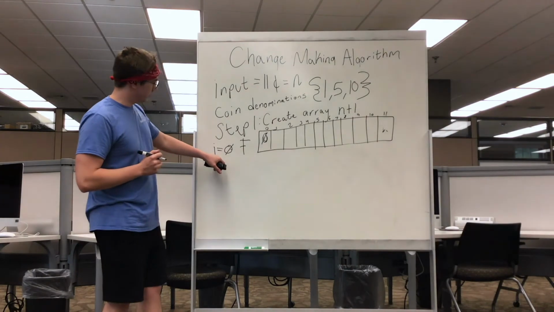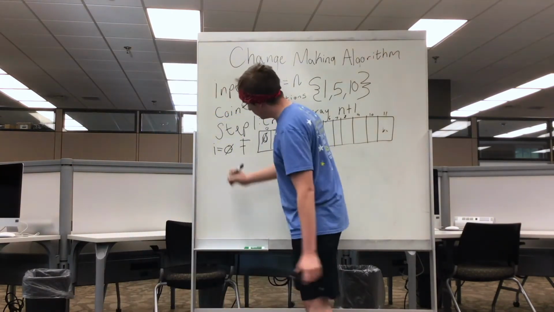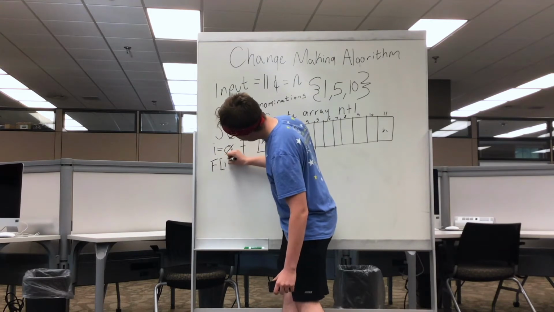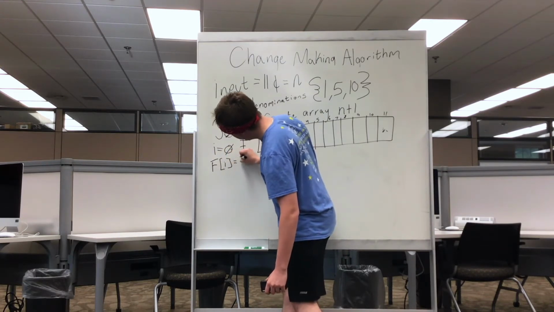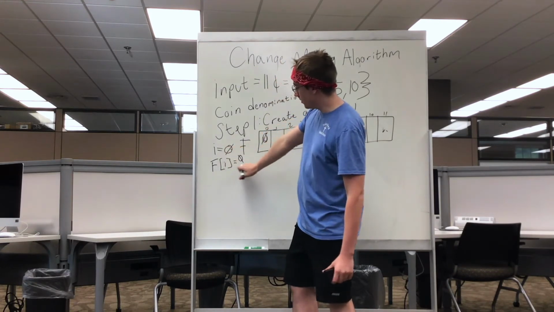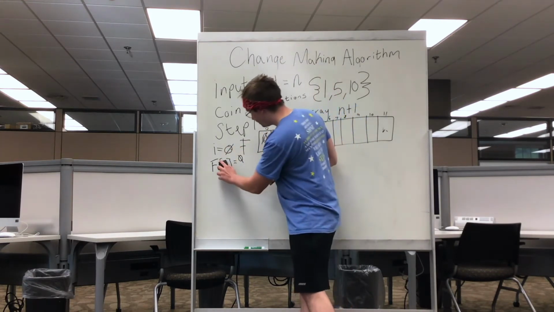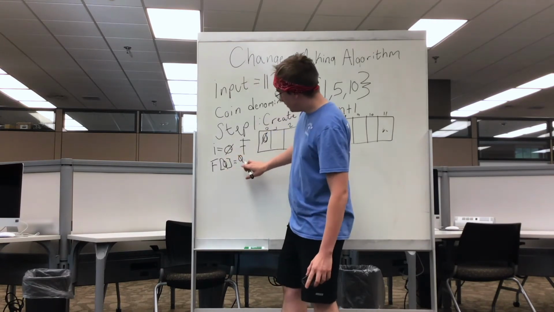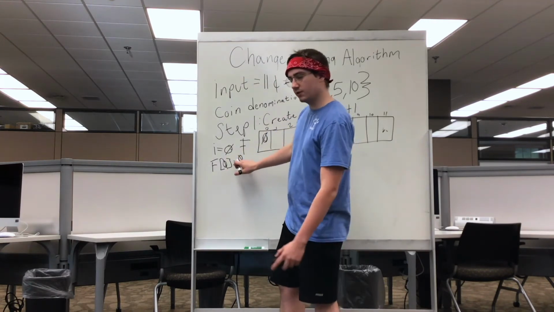We're going to start that at 0. So when f sub i is equal to 0, it's going to be equal to 0. So we'll go ahead and erase this. So when f of 0 will be equal to 0.